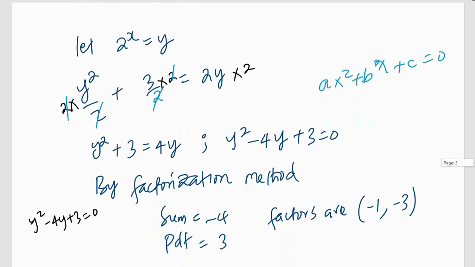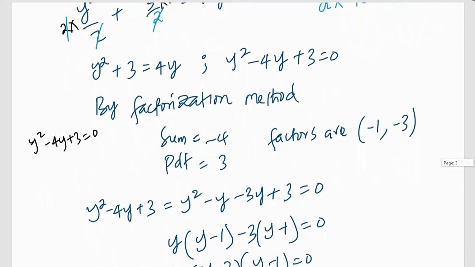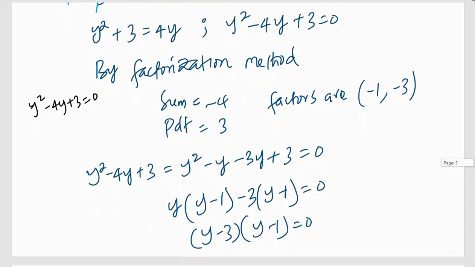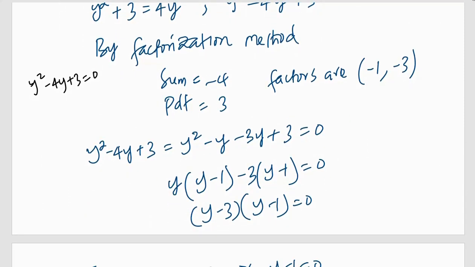In this problem, I'm going to use the factorization method. I need to look at this equation. The sum is negative 4, the product is 3. I need factors which I multiply and get 3, and when I add them, I get negative 4. So it will be negative 1 and negative 3.